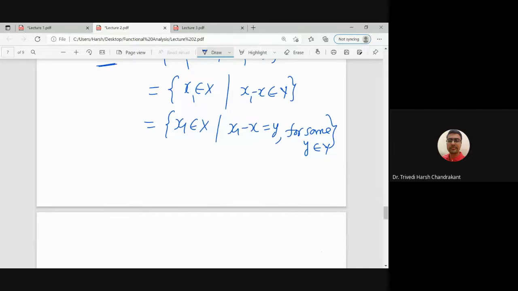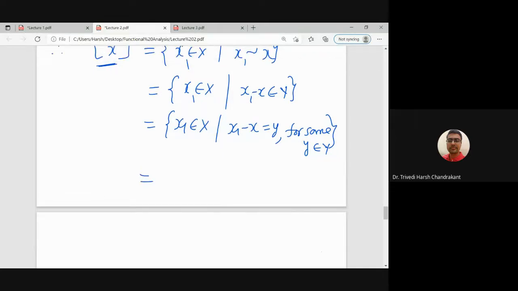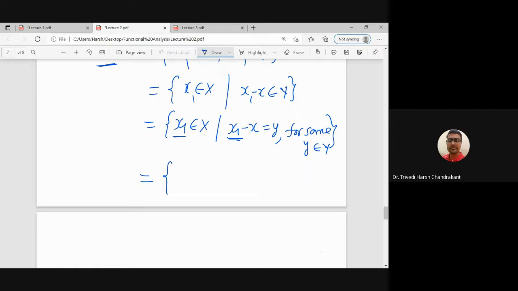Right. So now from this, if we write x1 in terms of x and y, then what do we get? We get here x1 is equal to x plus y. Right.